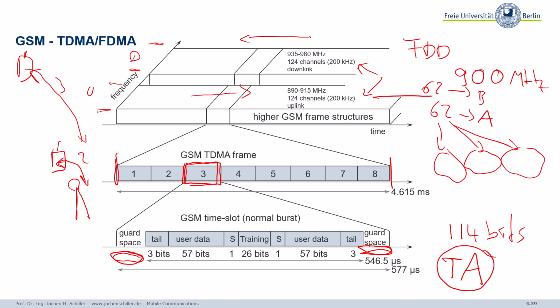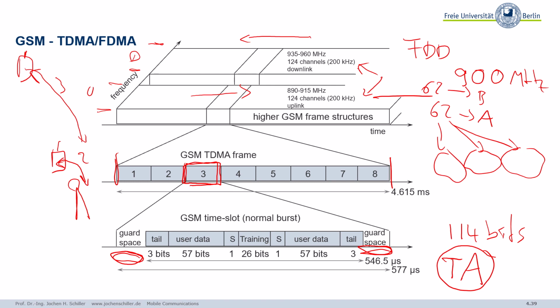There is a trick to double the distance. Well, as soon as you reach 35 kilometers, you then set again the time advance field to 0, and then your data will jump into the next time slot when it's received by the BTS. You can only do this if the following time slot is empty.